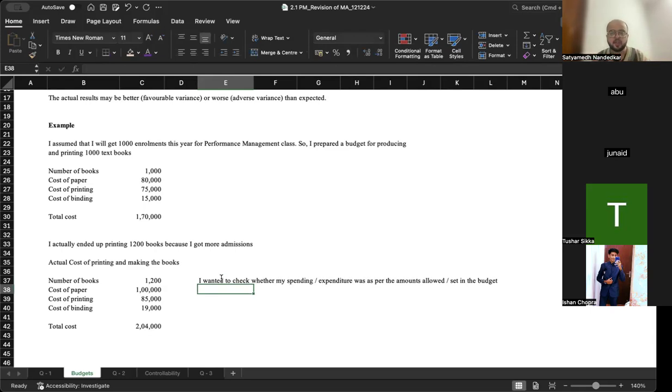And why was I wanting to do this? Because I wanted to fix accountability. If Ishan is in charge of printing, I wanted to see whether I should scold Ishan or whether I should praise Ishan. And how is this decision driven? That depends on whether he has acted according to the numbers given in the budget or not.